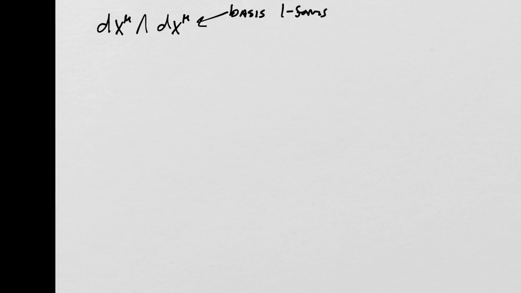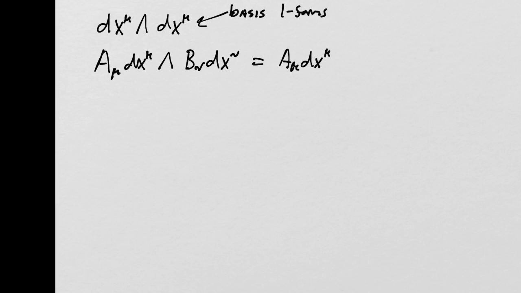So I can have a 1 form A mu dx mu, wedge product B nu dx nu. And if I treat that exactly the same way as A mu dx mu tensor product B nu dx nu minus B nu dx nu tensor product A mu dx mu.